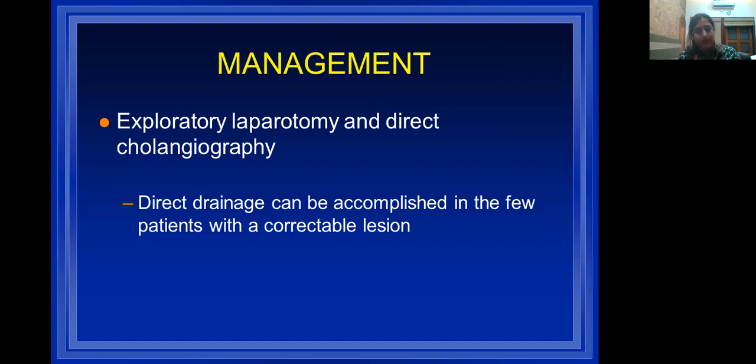What all parts and till what extent the hepatobiliary system is involved, and more importantly, whether it is a correctable or a non-correctable type of deformity. So direct drainage can be accomplished in the few patients with a correctable lesion with the help of this procedure.